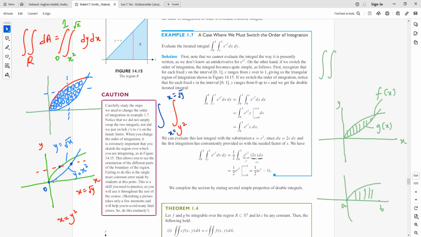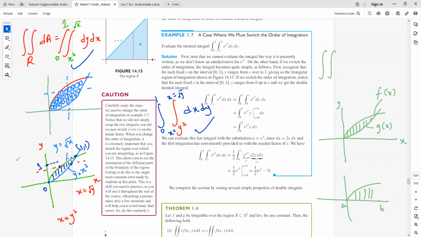It starts from 0 and goes to this point, and we already found that this point is (1, 1). Therefore this point is 1. So we integrate from 0 to 1, and the order is now dx dy. Now this and the earlier integral give the same value, the area bounded by these curves.